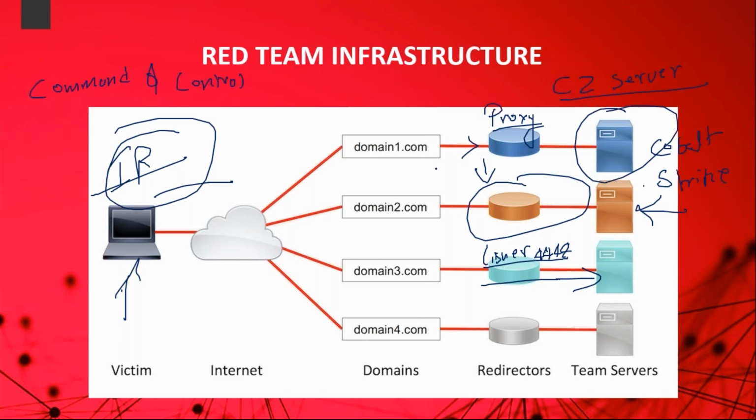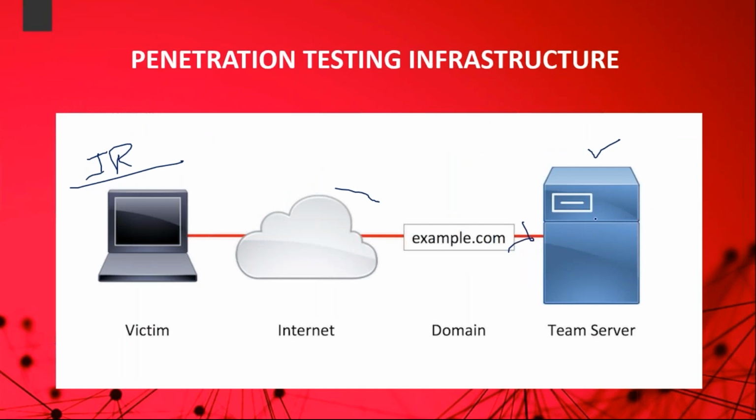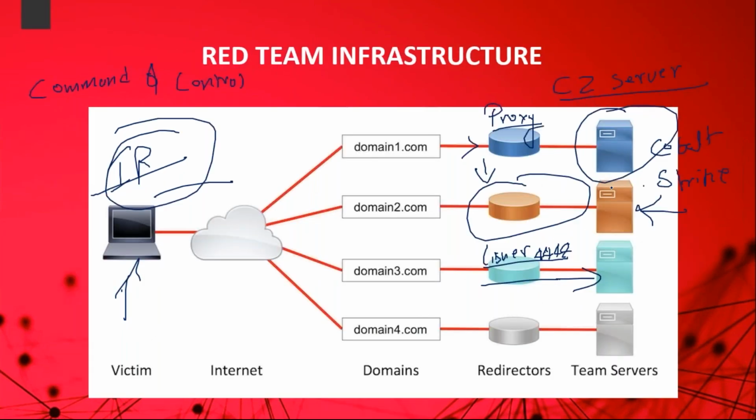So for the security of my red team, so that no one can find me or my server, that's why we are using this proxy in between. Now, in the setup that we can see in front of us, we have 4 team servers rather than one. Here we have one, but here we have 4, right?